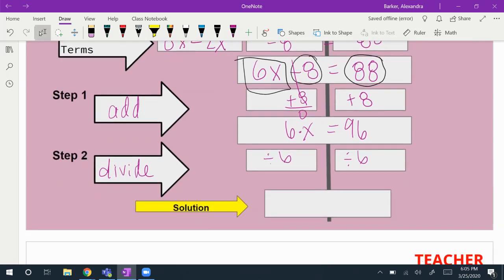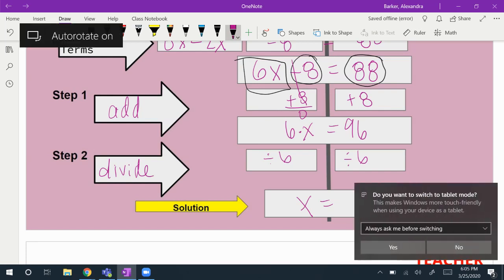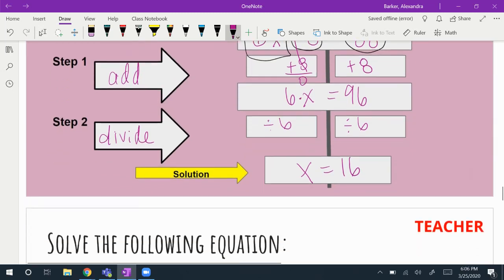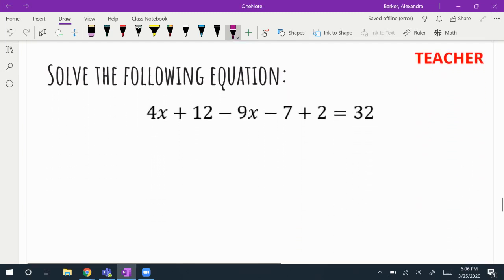So I do 96 divided by 6. All you need to do is write what you are left with. So we've got x equals 96 divided by 6. You put that in your calculator, you get 16. Awesome. Make a text box if you've got any questions.